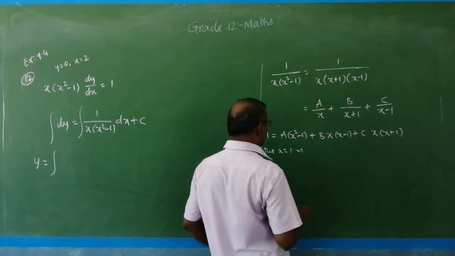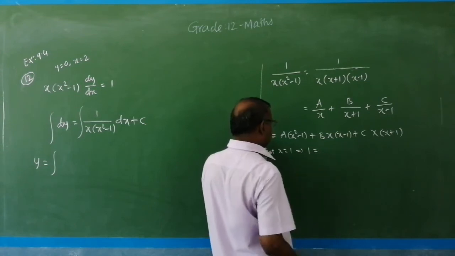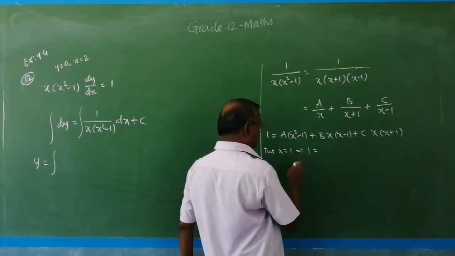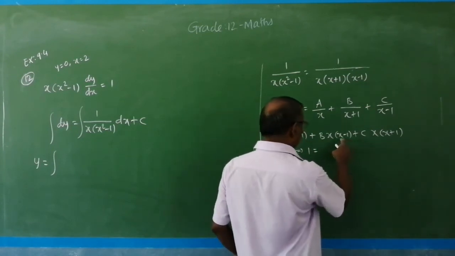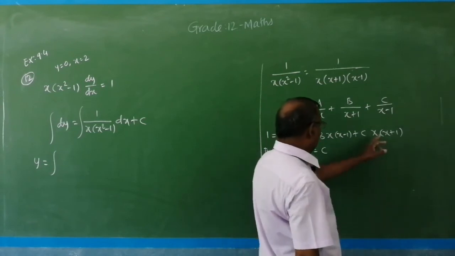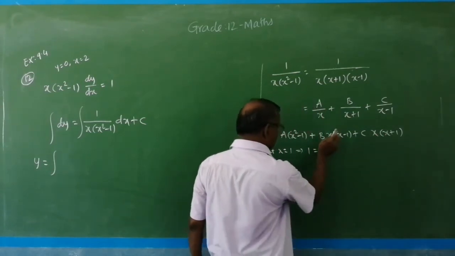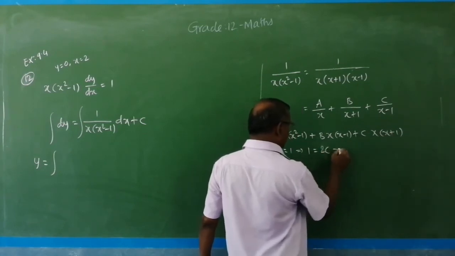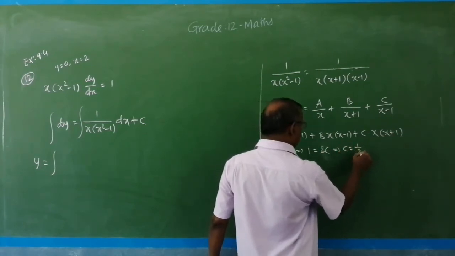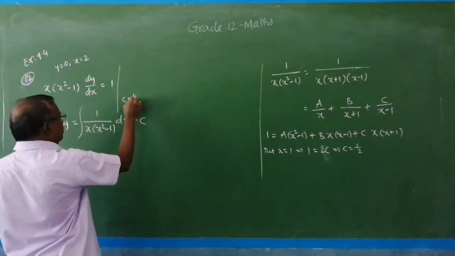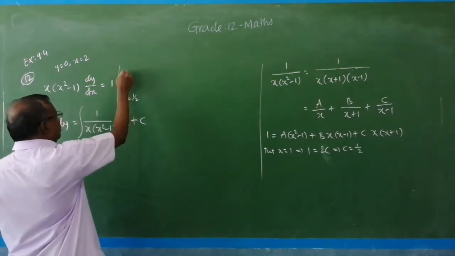So x equal to 1 means here the LHS equal to 1, and clearly when you substitute 1 minus 1, 0, this part is 0, here also 1 minus 1, 0. So we have 1 equal to 1 plus 1, 2, that is 2c. Here 1 into 1 plus 1, 2, so 2c. So c equal to 1 by 2.